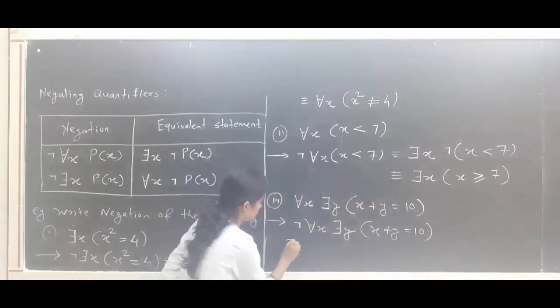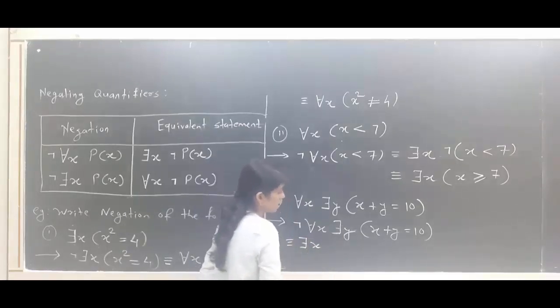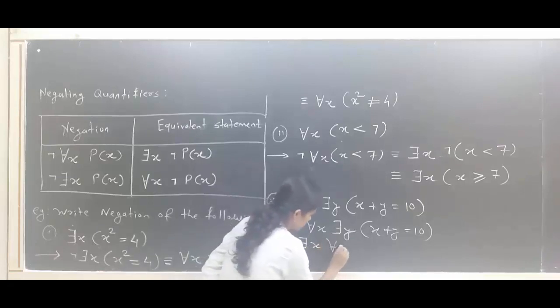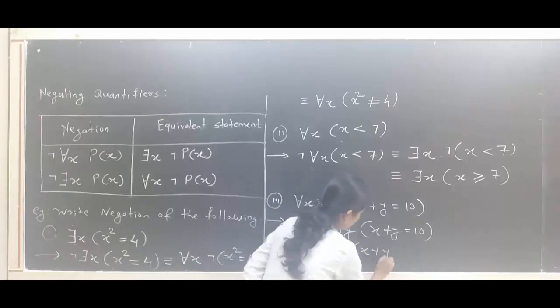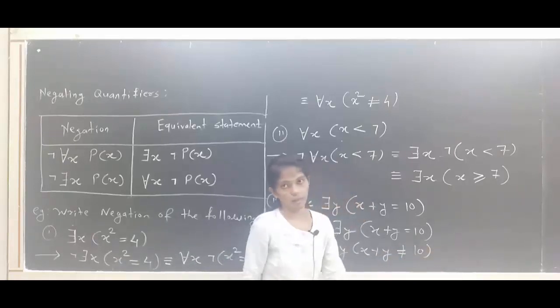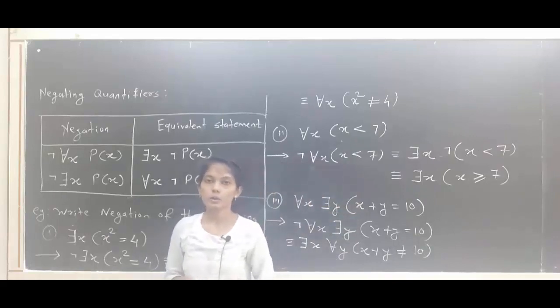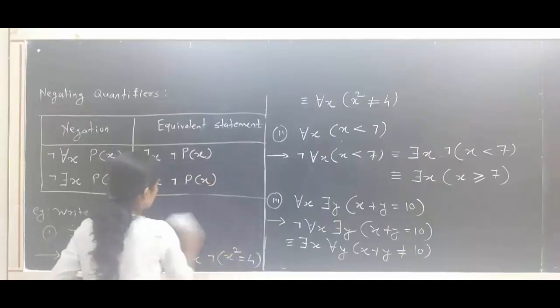So it is equivalent to negation of for all is there exists, negation of there exists is for all, and here negation of this: x plus y is not equal to 10. Get it this? Okay.